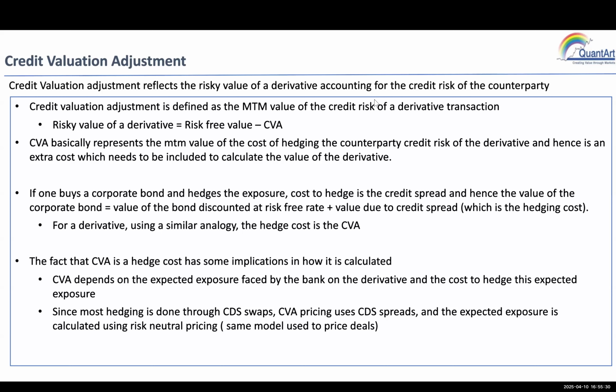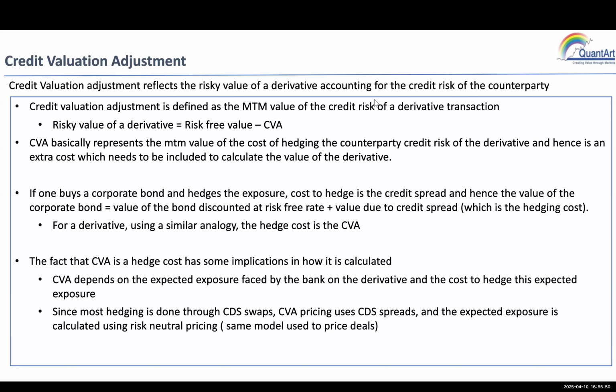Now, logically speaking, CVA is simply the credit valuation adjustment. The name itself literally tells you that you're adjusting the value of the derivative for accounting to account for the credit cost. So how do you do it?